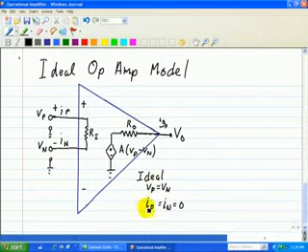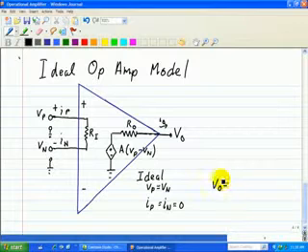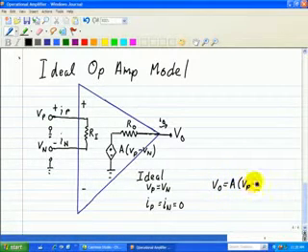Here I wrote down two ideal characteristics associated with an ideal op-amp when we analyze a circuit, and usually these are good approximations, such that VP equals VN and that IP equals IN equals 0. And we'll see why. First, let's look at VP equals VN. Since our output VO is a result of the amplification of VP minus VN, we have this relationship.